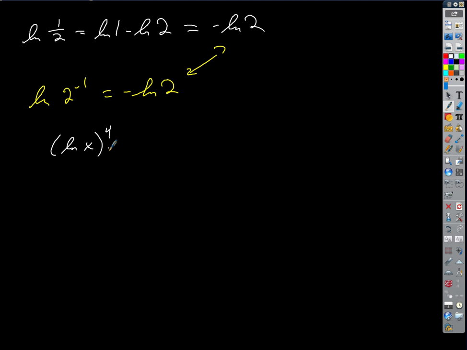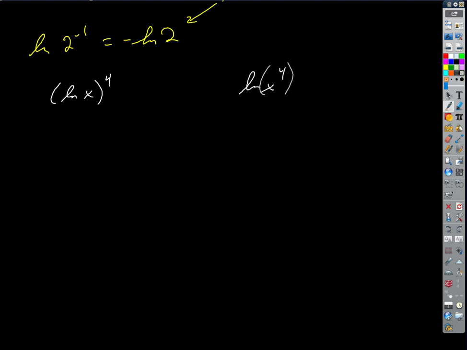It's different than that. Everybody get that? The implied parentheses here would be around the x to the 4th. So this one would be 4 log x. This one is nothing. You can't simplify that. Pretty tricky, huh?